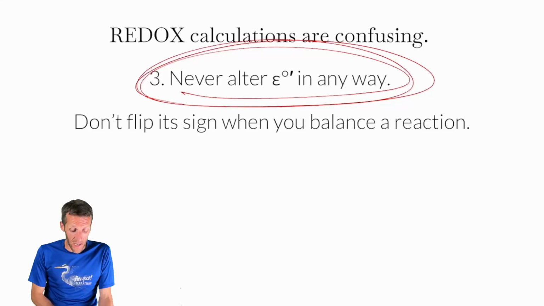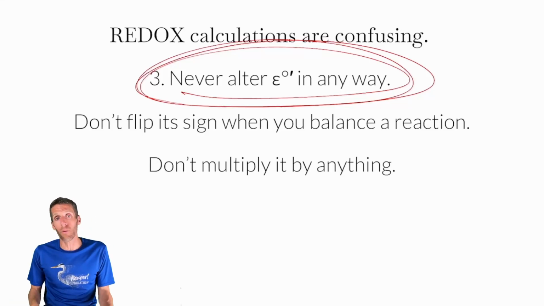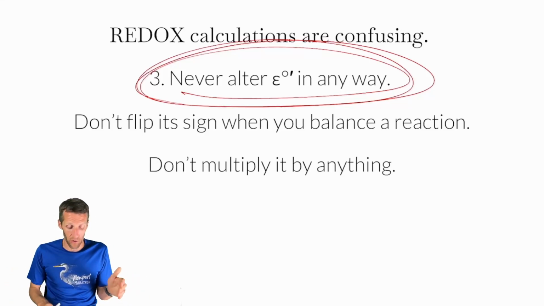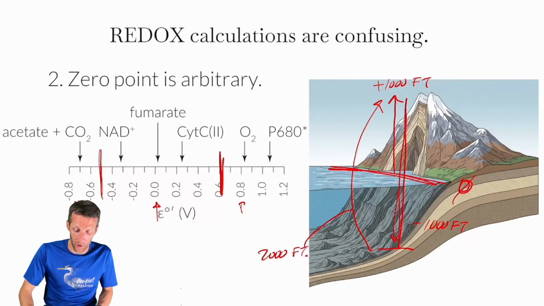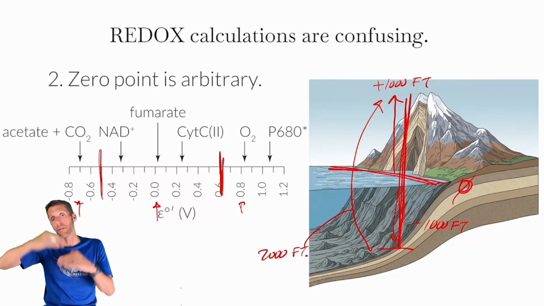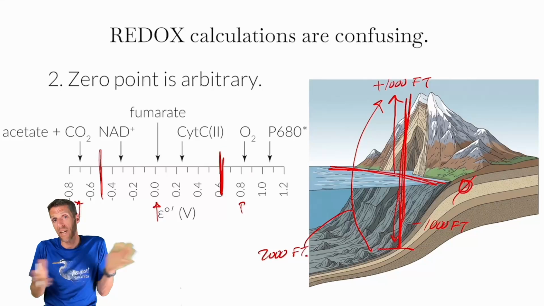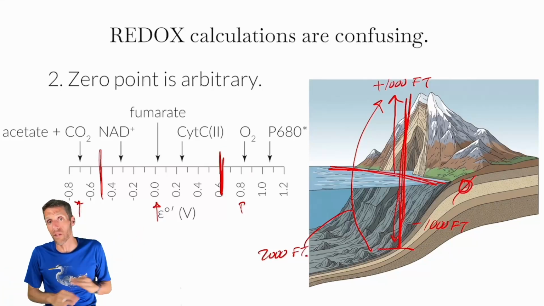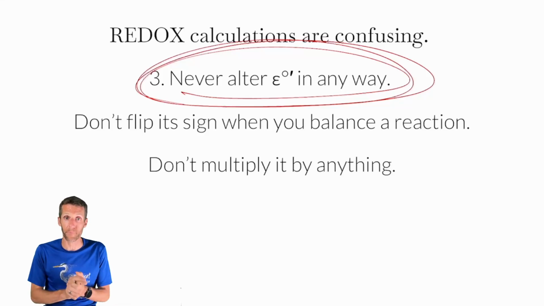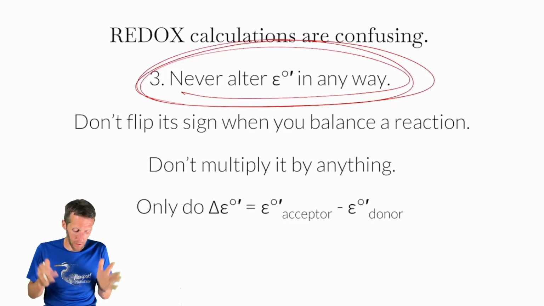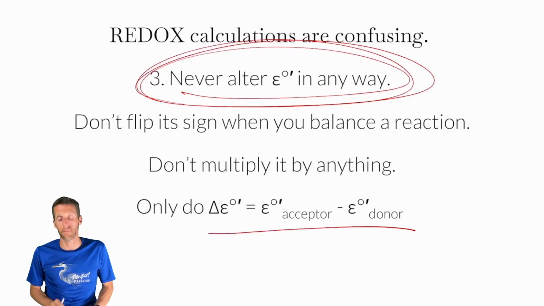Don't flip its sign. Don't multiply it by anything. When you're talking about a standard state reduction potential, you're really asking about, going back to my picture here, how far am I moving along some distance axis, some elevation axis? Just take the numbers for what they are, take the difference between them. Don't ever change your standard state reduction potential in any way. Okay, only do this. Just take the difference between the two.